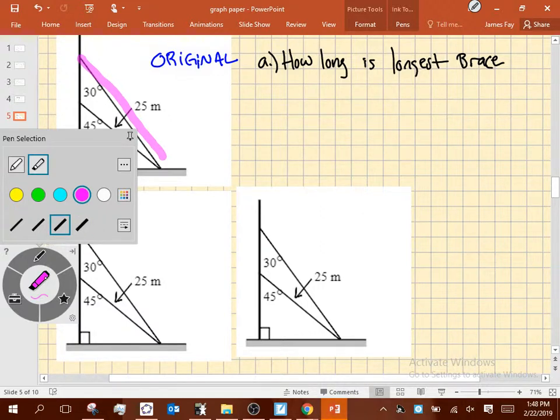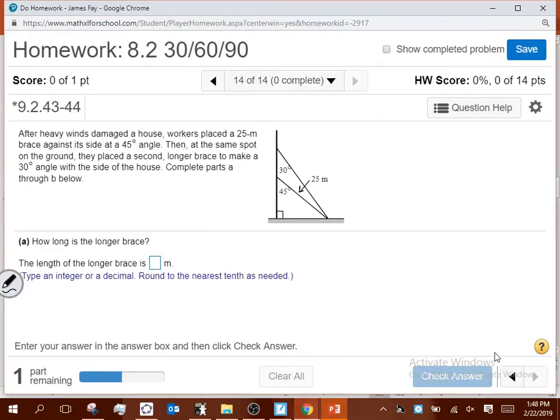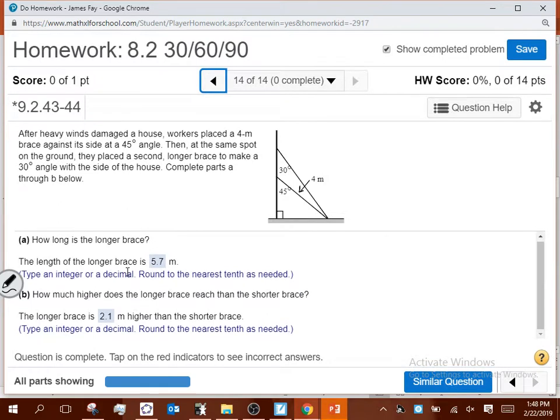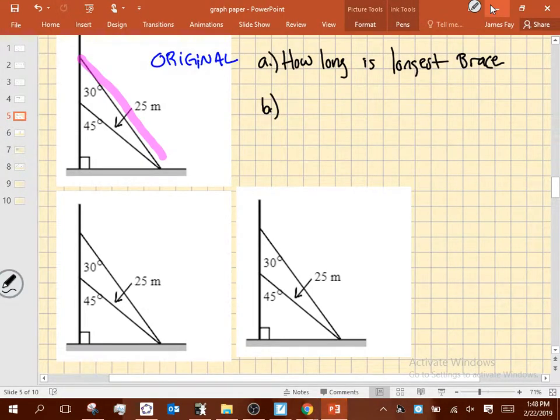Okay. The second question, I'm going to have to show the completed problem to get that second question. So here it says, how much higher does the longer brace reach than the shorter brace? How much higher? So it's about how much higher on the building.